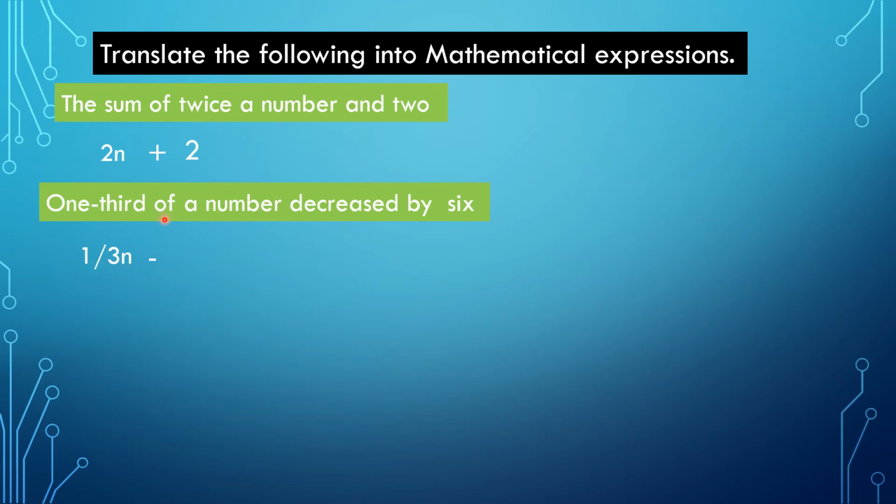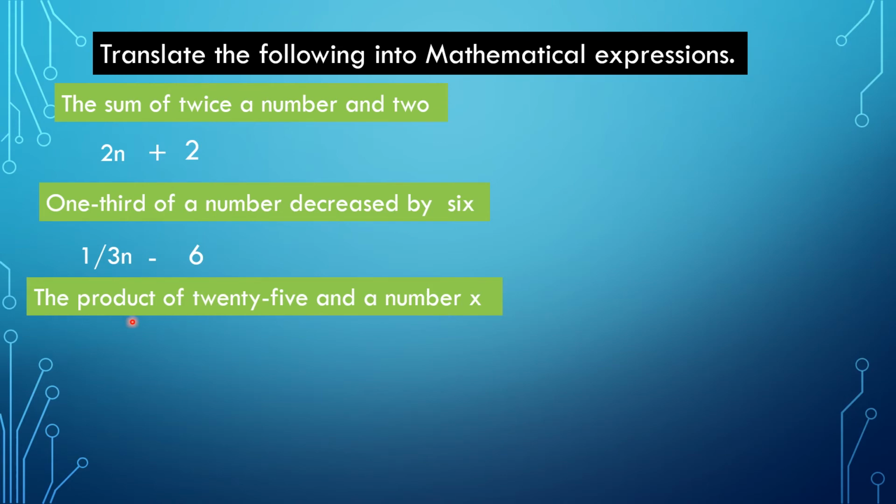So this is where you use of in multiplication. 1/3 of a number means 1/3 times n. Decreased by 6, so minus 6.